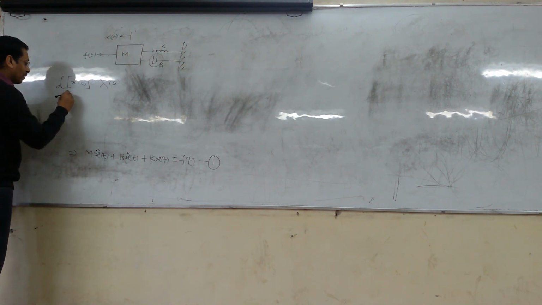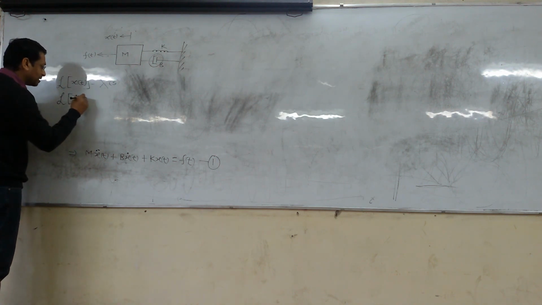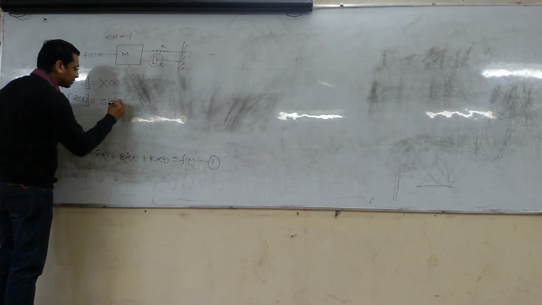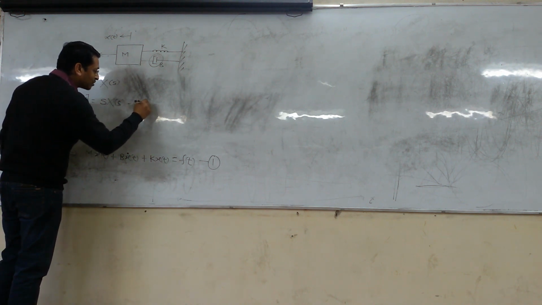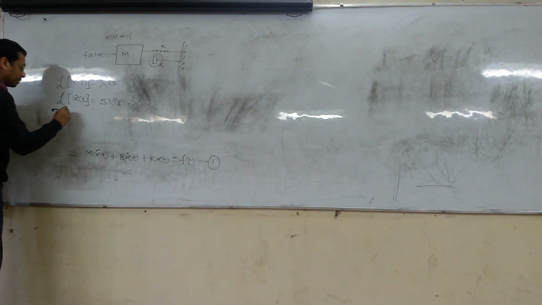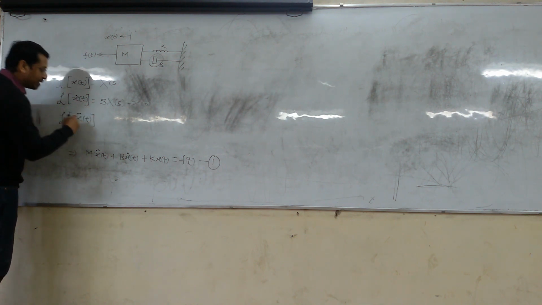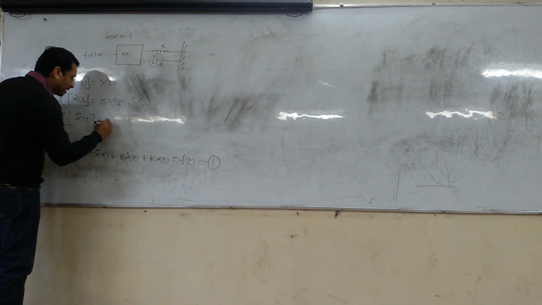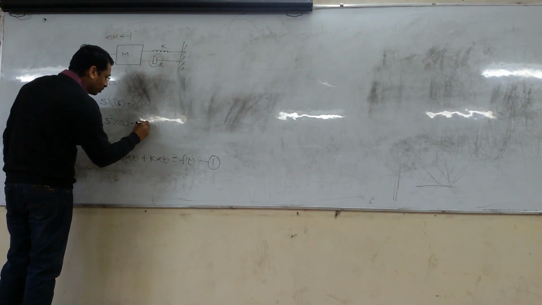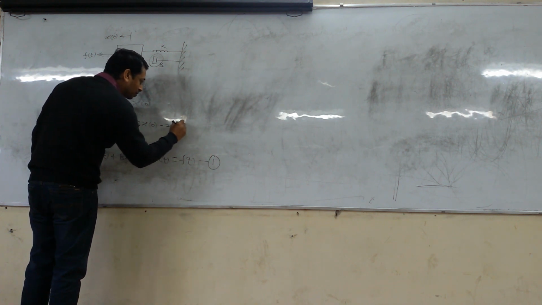Again, the Laplace transform of the velocity, the first differential of x t, will be equal to s into X s minus small x 0. And the Laplace transform of the double differentiation of position, that means acceleration, will be equal to s square X s minus s into x 0 minus x dot 0.